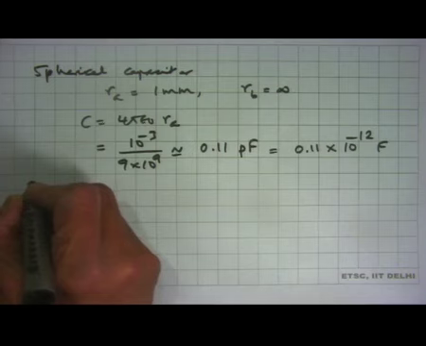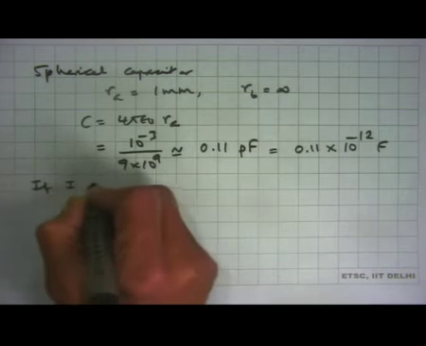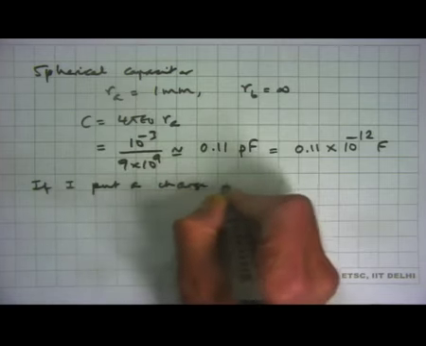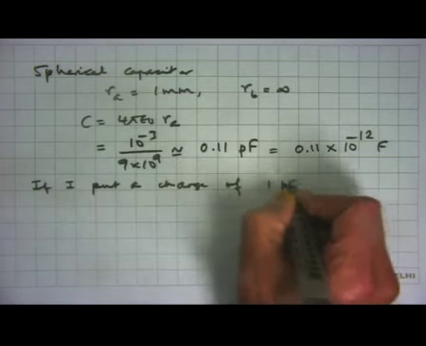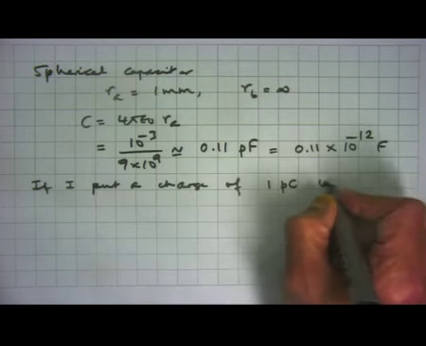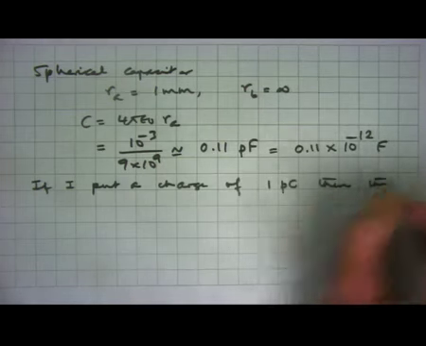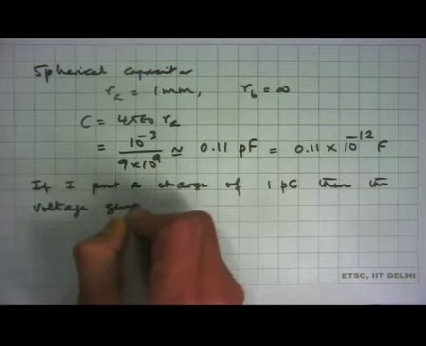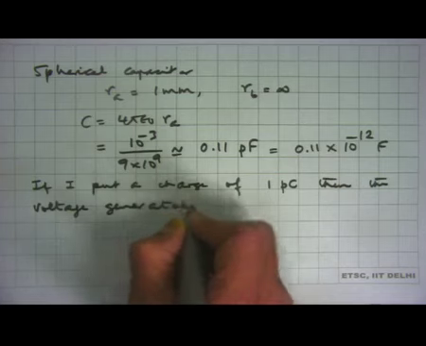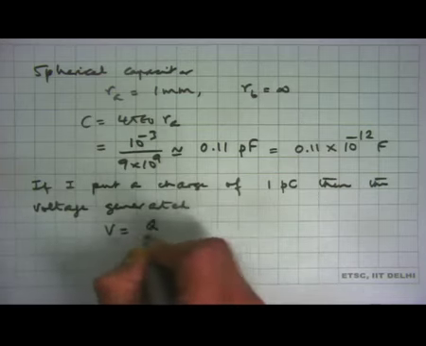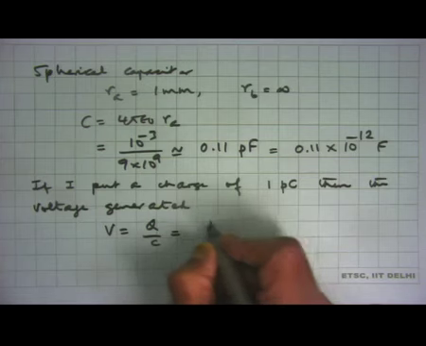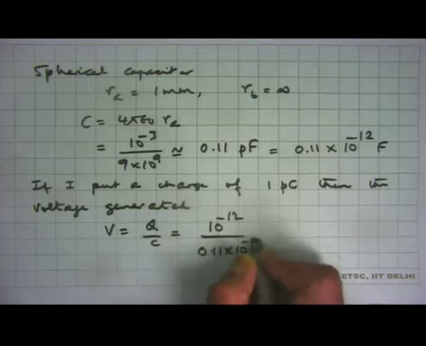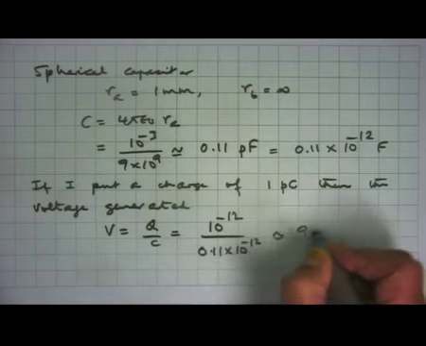So, if I put a charge of 1 picocoulomb, then the voltage generated, V is equal to Q by C, which is equal to 10 to the minus 12 by 0.11 into 10 to the minus 12, which is about 9 volts.